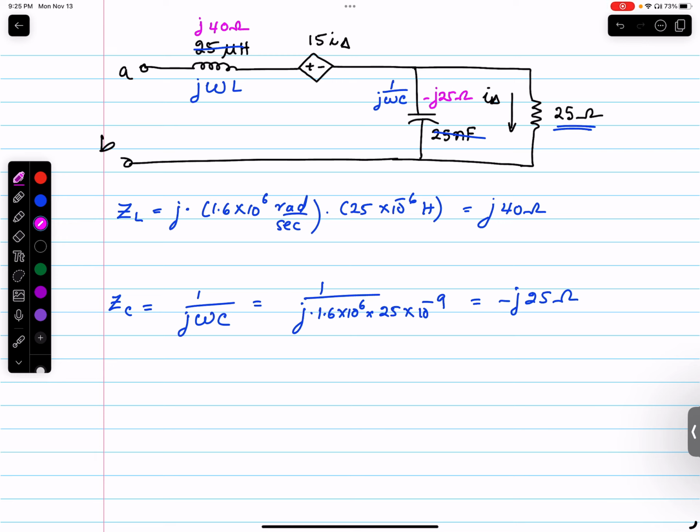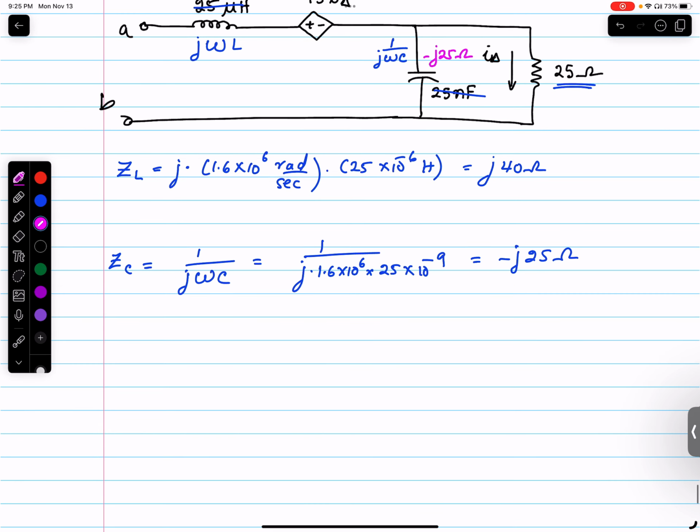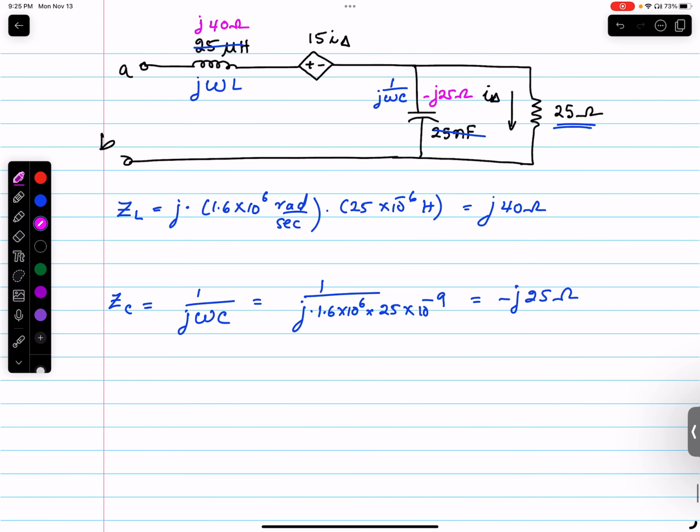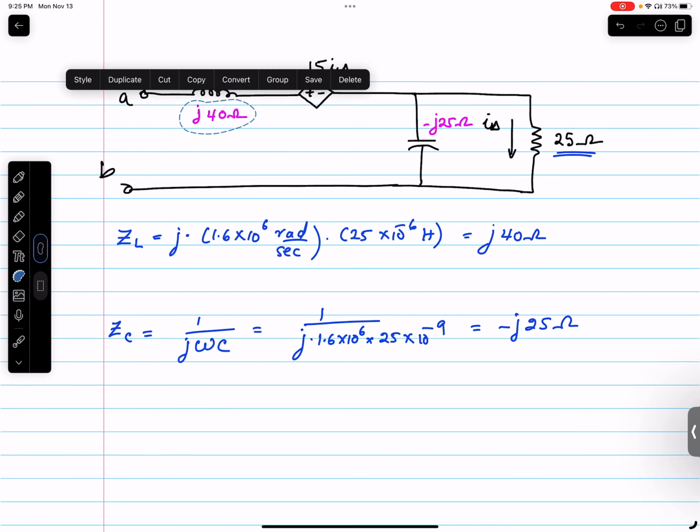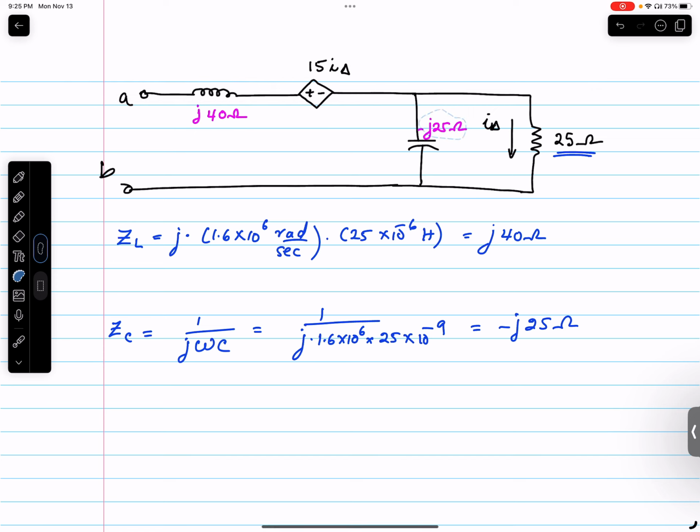Okay, very good. Now we are ready to draw this. I'm going to clean this up really quickly. Okay, so I'm ready to write this. This is the frequency domain impedance form of the circuit.